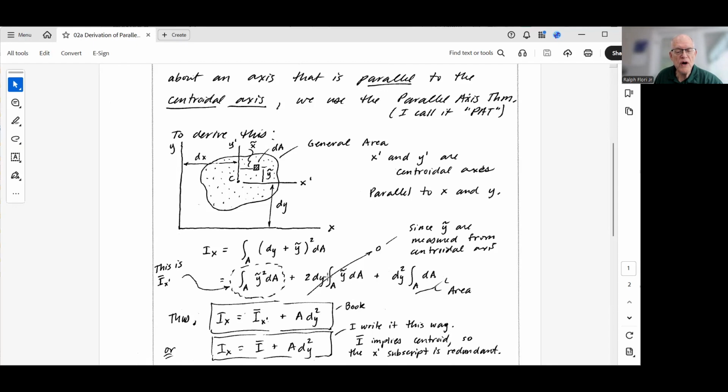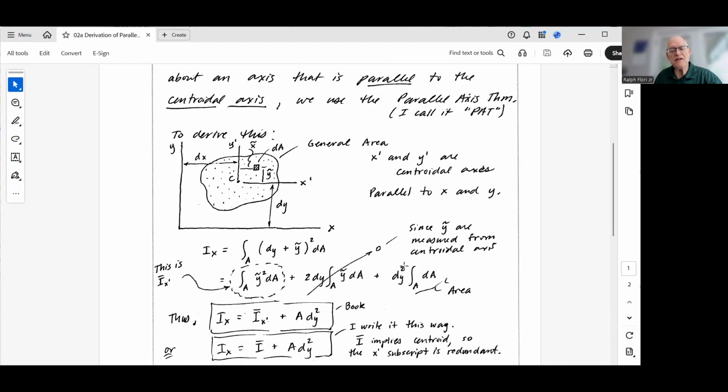Well, the 2 dy times the integral of y tilde dA goes to 0. The reason is that this is a centroidal set of axes. The moment of the area on one half is positive, and the moment of the area on the other half is negative, so they cancel one another out, so this term is 0.